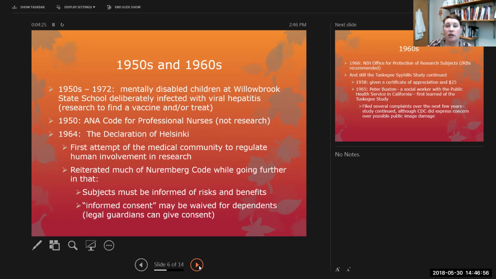Not only saying are they voluntary, but they must be informed of risks and benefits. So that's where we get into informed consent that we deal with nowadays on IRB, and are people really well informed in understanding what they're signing up for. So informed consent may be waived for dependents, and legal guardians can give consent in their stead.